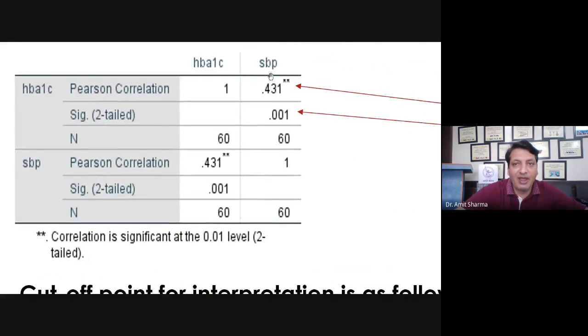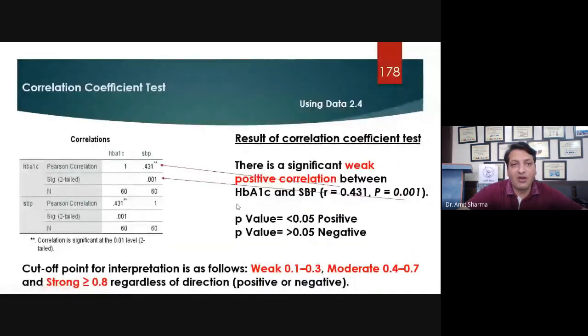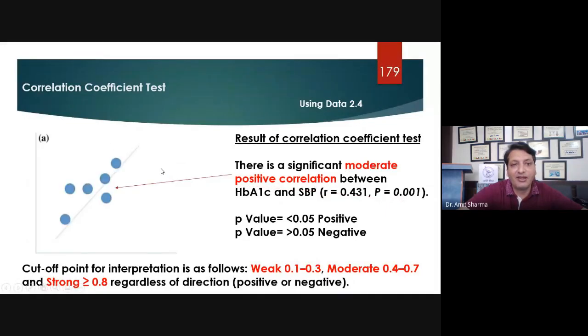For example, if we have got a value here of 0.831, then we are able to say that we have a strong correlation, that is 0.8. So this is how we can proceed with the correlation coefficient test.